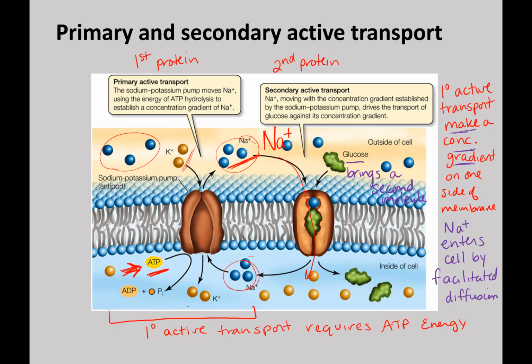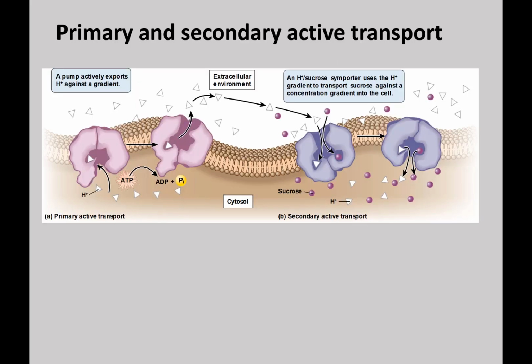Let's look at another example of this. Excuse me. So here is our primary active transport. In this case, the cell is pumping H plus out of the cell. So here's the cytosol, so this is outside. Okay, so it's using active transport.